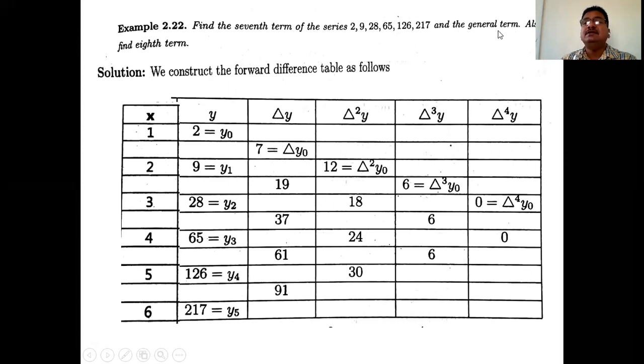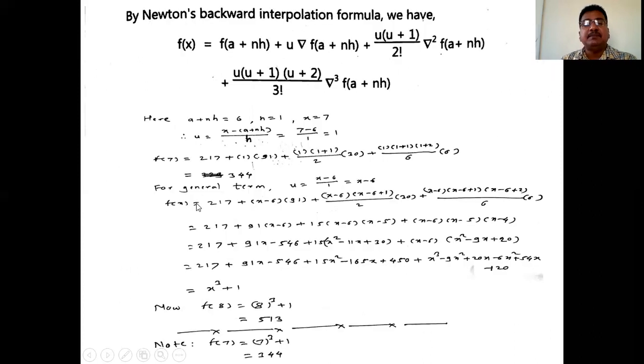So how can we find the general term? That is, we have to fit the polynomial to this data. What is the data? The values of x are 1, 2, 3, 4, 5, 6, and the values of y are these. We have to fit the polynomial to this data. So use the forward difference formula or backward difference formula.